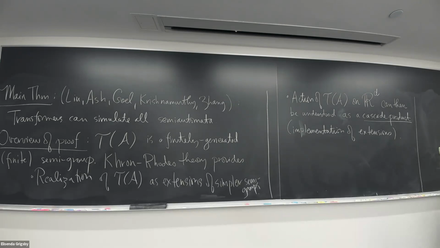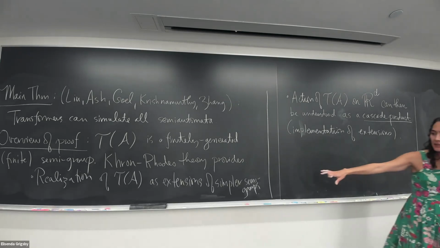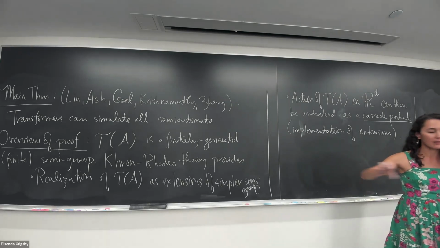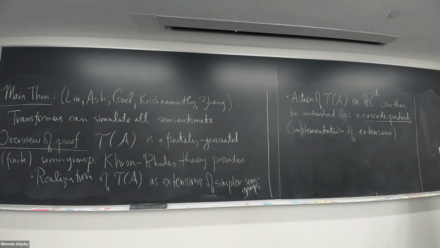Essentially, what they're able to do is represent these. There's some kind of finite list of types of these simpler semigroups, and they give a construction of how to implement each one of those using a transformer. And then there's a way of putting everything together using this cascade product. So that's at least the basic structure of what's going on.